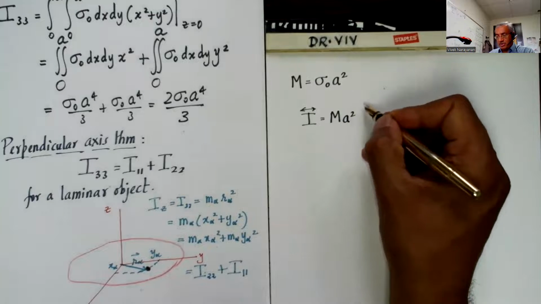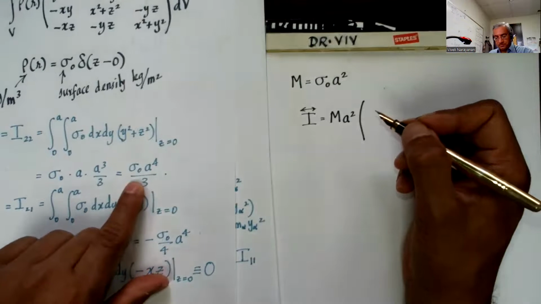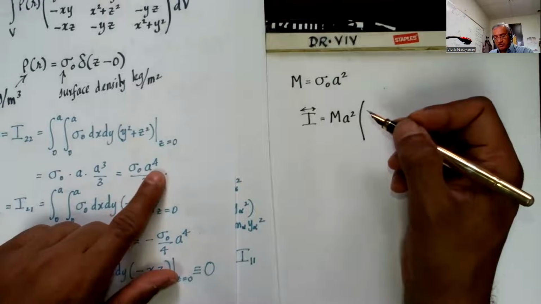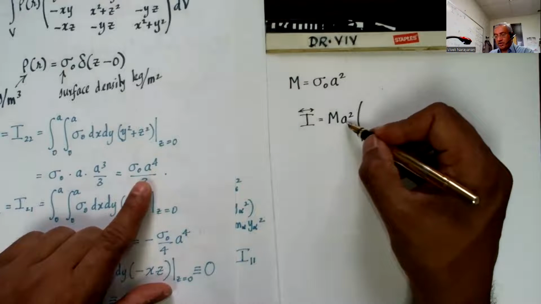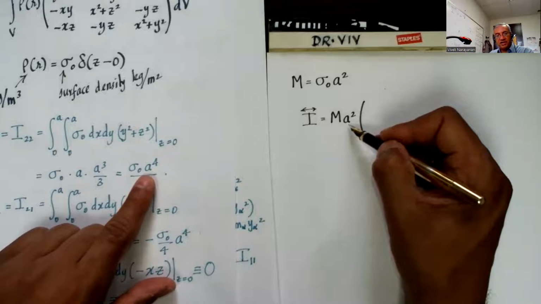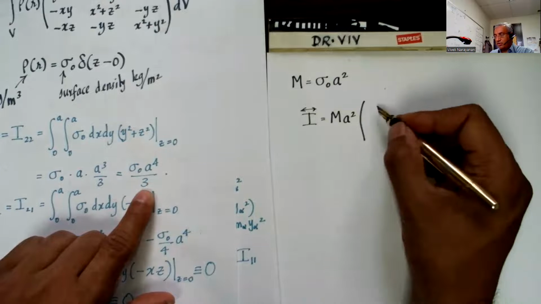Can take out m a squared common. Now, when I take out sigma a squared, I'm left with a squared over 3. Because m has already got an a squared, and there's an additional a squared that's taken out, I just have to worry about the numerical factors.